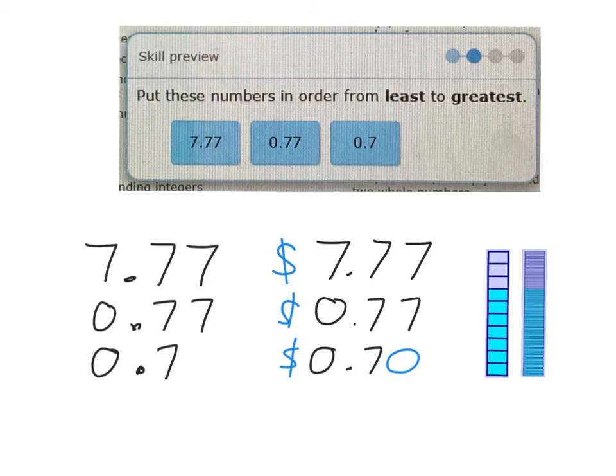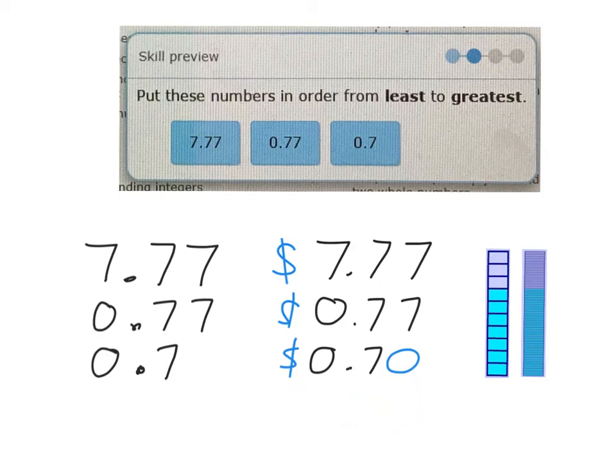It would still be the same number. So that's why we can add that imaginary 0 there. Something to be aware of is we cannot add an imaginary 0 between the decimal and the 7, because now we're changing it from 70 cents to 7 cents, which we know is a different number. This will come up again, and I'm hoping I'll have a chance to explain it to you in class as well.